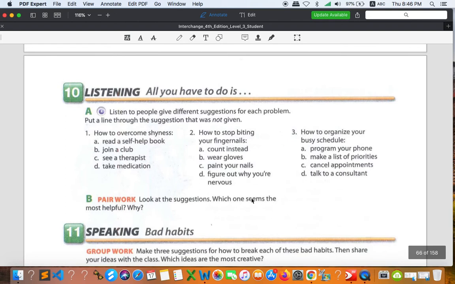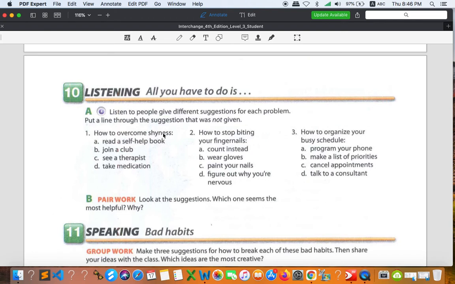That is the listening, but I just want to have a little talk about this. You can listen to this activity later in order to get the answer, but let's try without the listening first. Listen to people give different suggestions for each problem, put a line through the suggestion that was not given. So we don't need to care much about the answer yet, but let's focus on the meaning of the question.